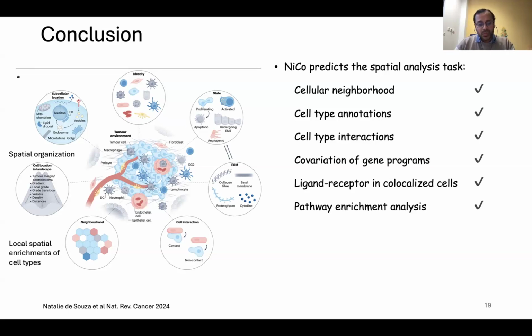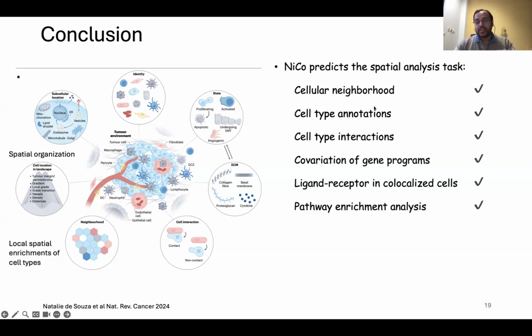And one of the recent review papers suggests that this kind of task is very important in the tumor field, in the cancer field, where lots of questions are like what is the cell identity, what is the cell state, how the cell states interact, and this can be applicable.